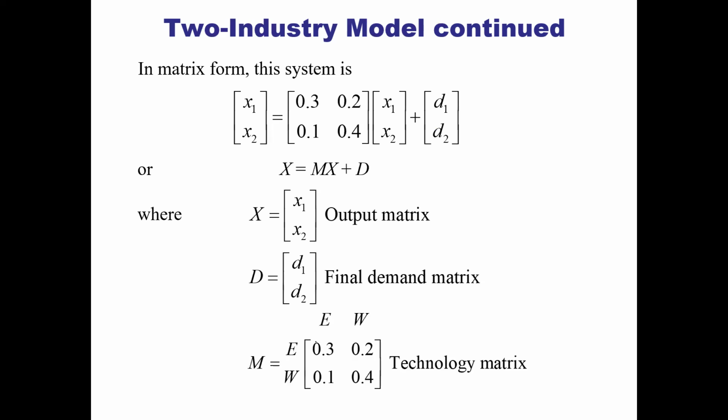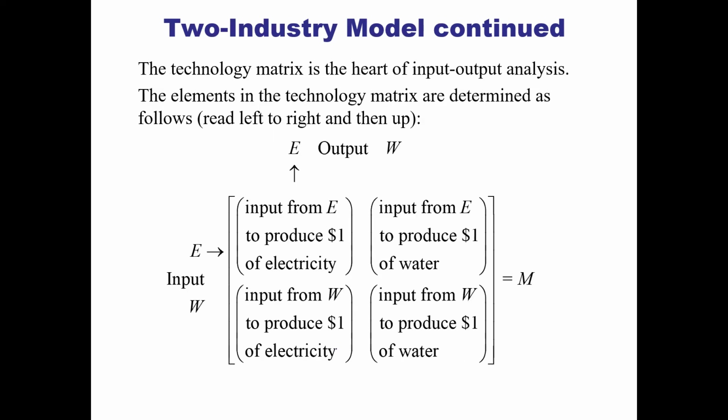And M is our technology matrix, where this much electricity input gives out this $1 of electricity, this much water input gives out $1 of electricity, and the same with the electricity going to water here and water going to water here. Really, this matrix is the key one that we are doing everything with, and that's going to be the matrix we're working with.